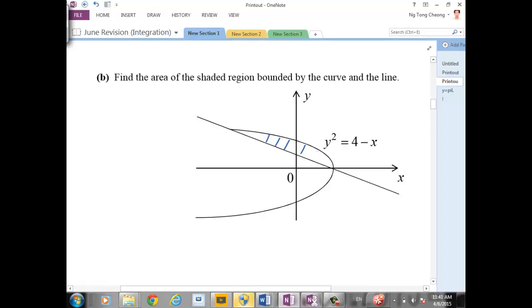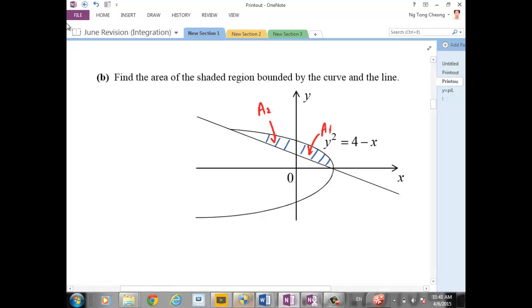When I find the area of this shaded region, first thing first, there is no need for me to split it into different parts and look for the area separately. Meaning, there's no need for me to say that first I'm going to look for the area of this part, which I call A1, then I look for the area of this part that I call A2, and I add them together. I'm just going to find the area together.